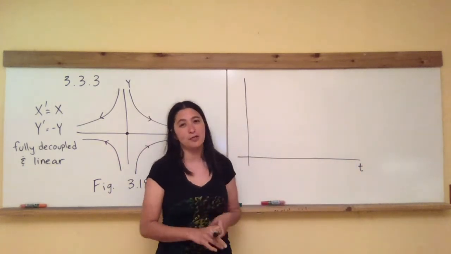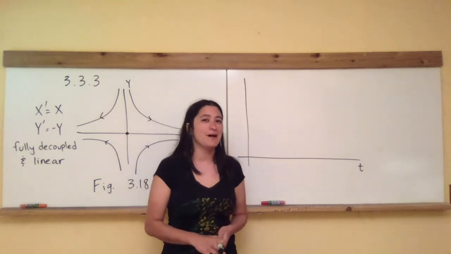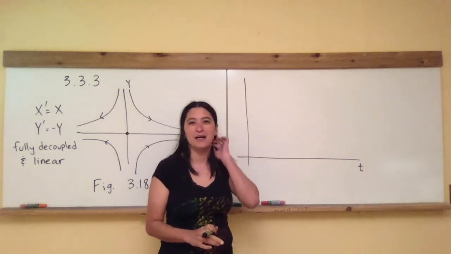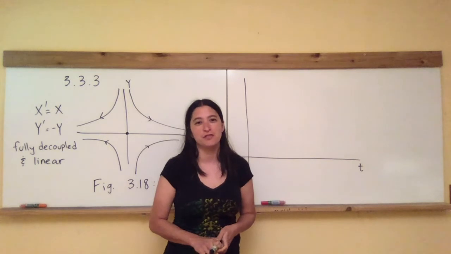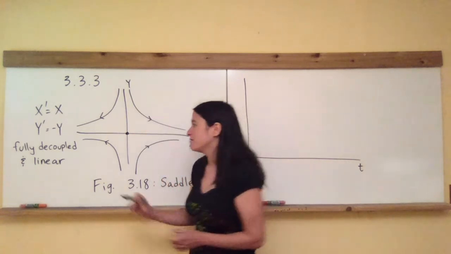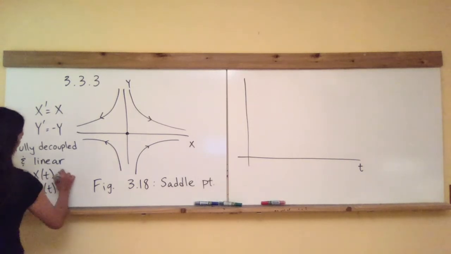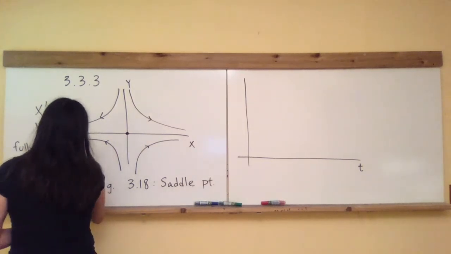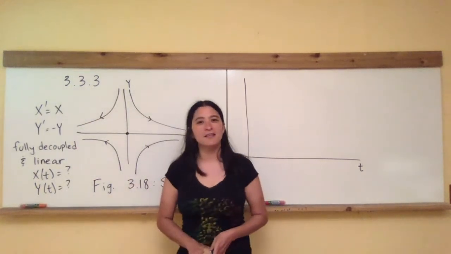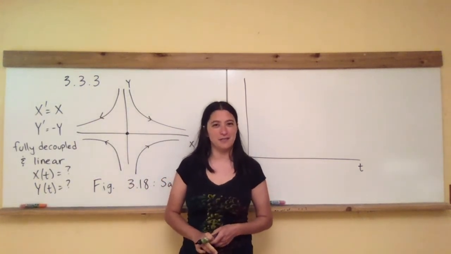You don't really need to know it, but it's nice. I'll give that answer at the end, but I encourage you to review and try to derive the solutions x of t and y of t using your knowledge from 2.7.